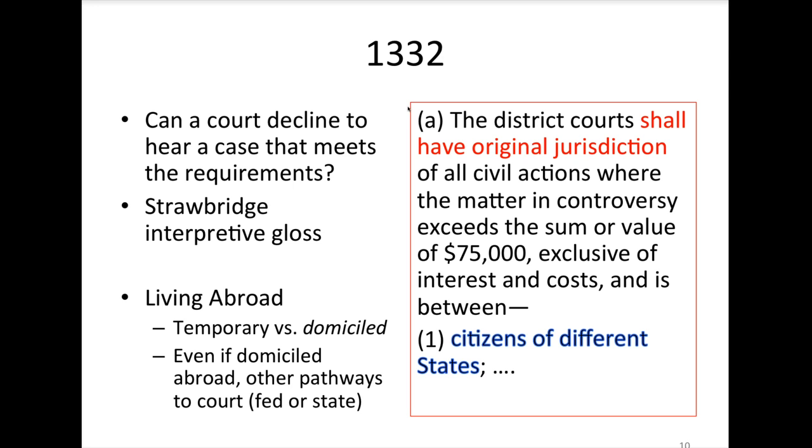So those citizens who are domiciled abroad, they could still sue, but only under a different federal pathway than 1332, for example, 1331, which we haven't talked about, or they could always sue in state court, because those are courts of general jurisdiction.